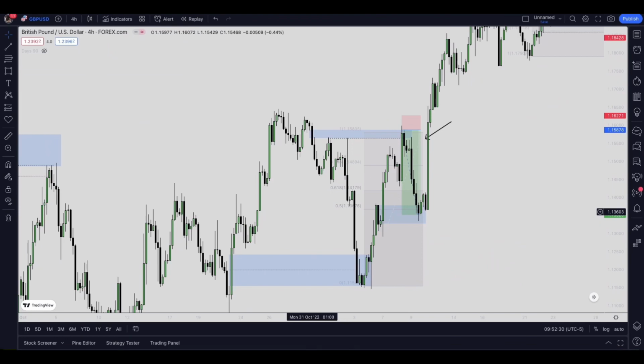So this setup is pretty great. We have a fair value gap and a liquidity grab. It is a perfect trade. Your take profit would be at this order block, your stop loss above the last high, which is this, take profit, this order block.